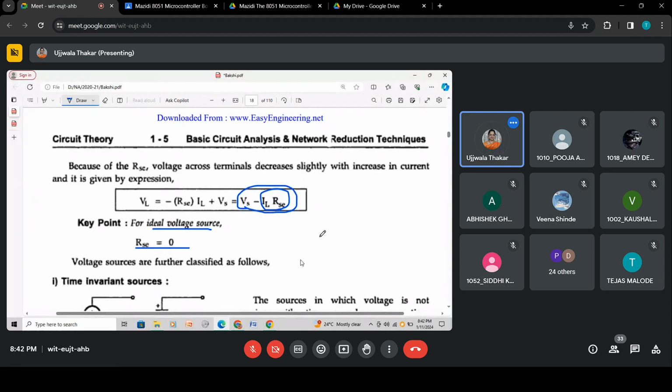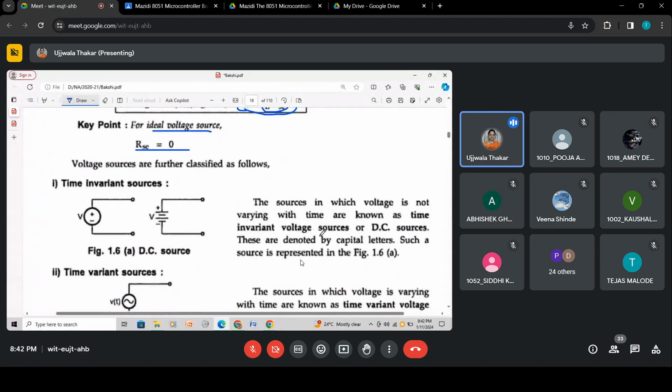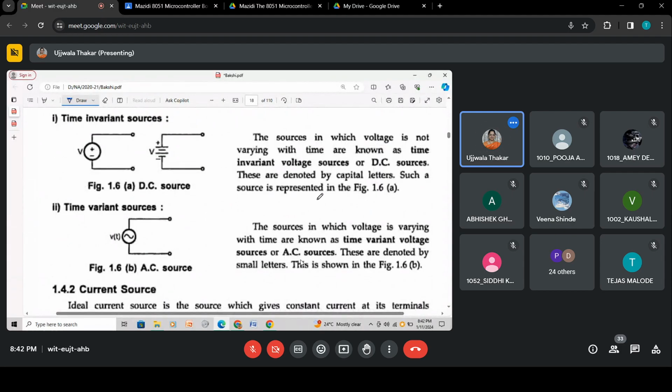Then again, there is the time invariant source and time variant source. Ultimately it's an AC source, as shown over there.